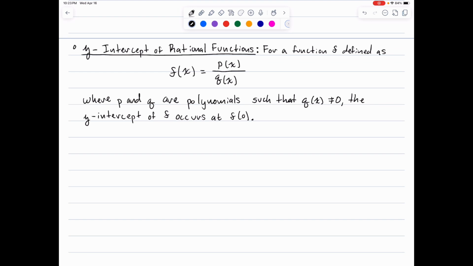And then x-intercepts of rational functions. All right.